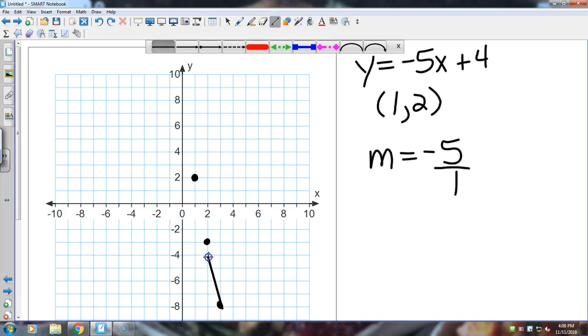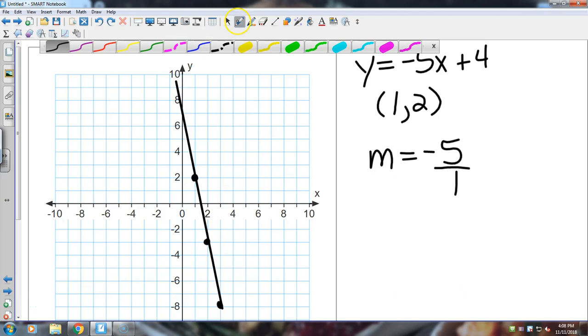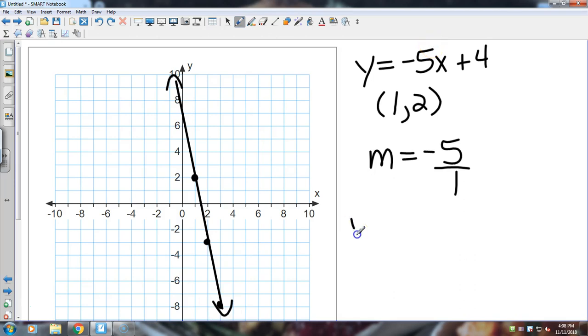Now, what it's asking for us to do is it's asking for the equation. And so we know that it's going to be y equals negative 5x because they have the exact same slopes.